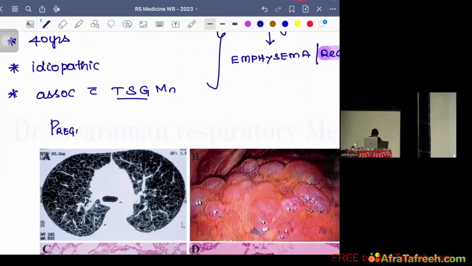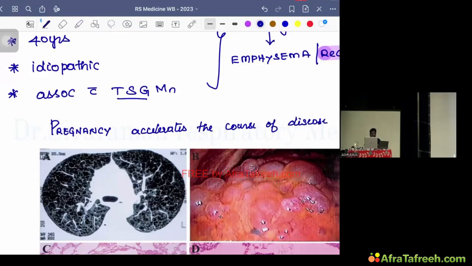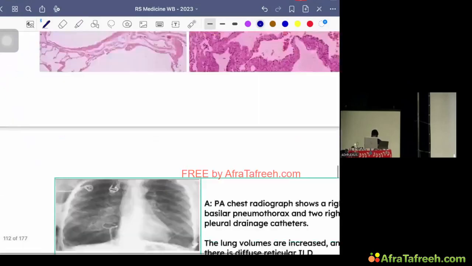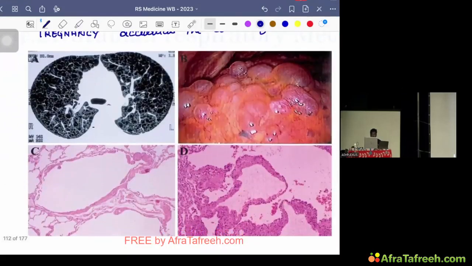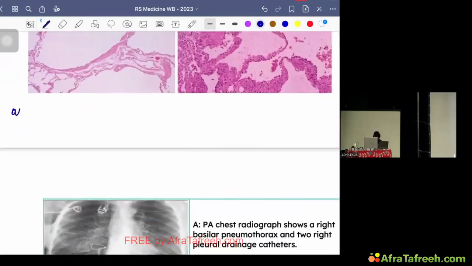Pregnancy accelerates the course of the disease. Any patient who is coming to you with pulmonary lymphangiomyomatosis, it is associated with angiomyolipoma, because tuberous sclerosis is associated with angiomyolipoma, and this condition is also associated with angiomyolipoma.